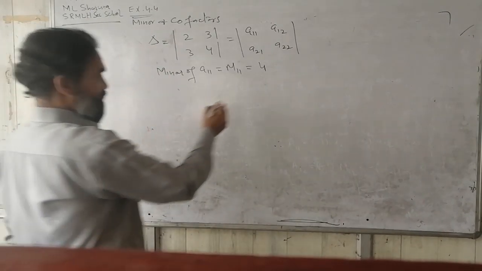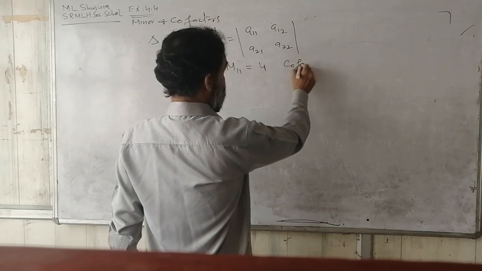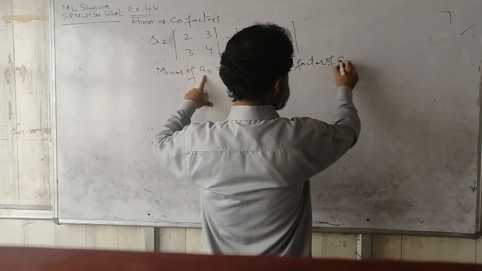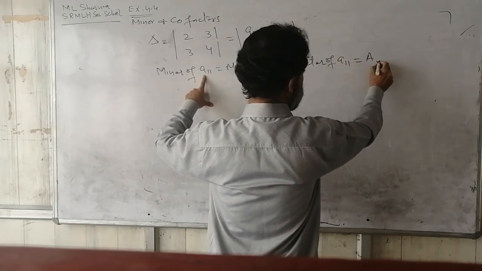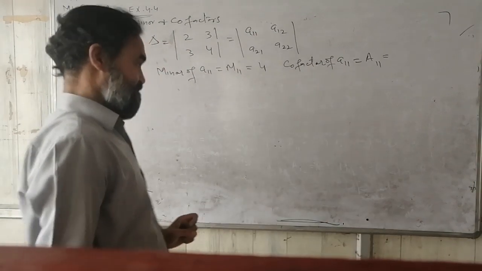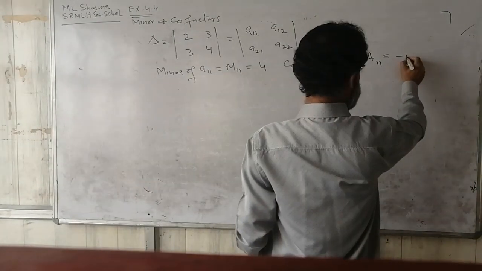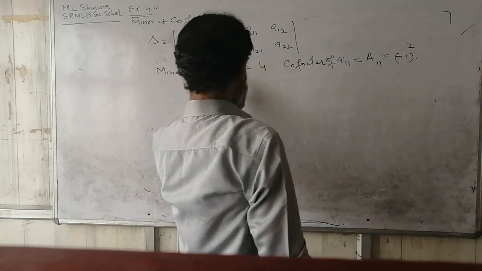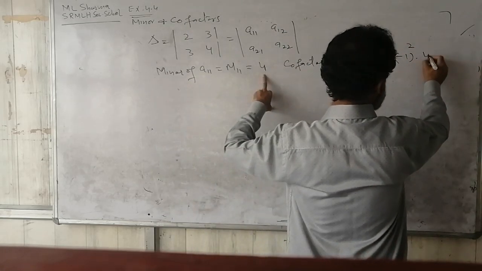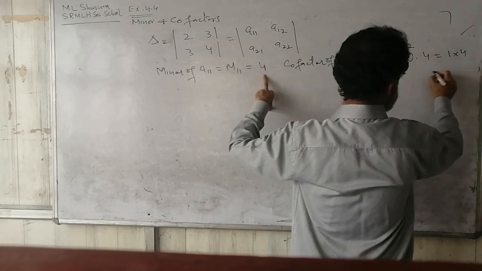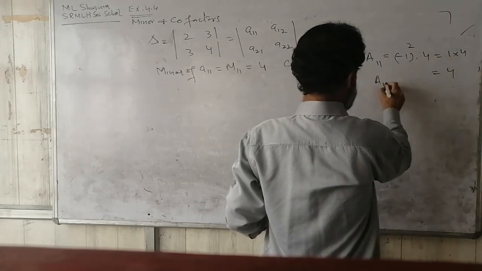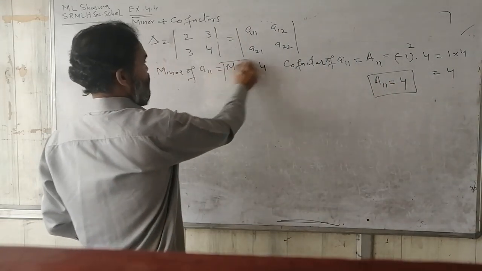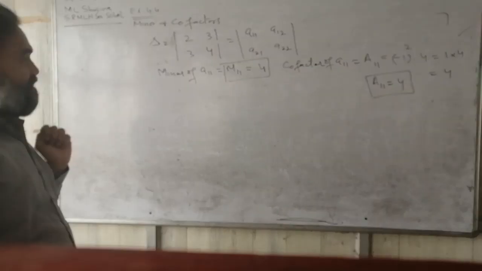If I have to find the cofactor A11, this is denoted by capital A11. This will be (-1) to the power 1 plus 1, which is 2, into the minor of this. This is the cofactor and this is the minor of the first element.